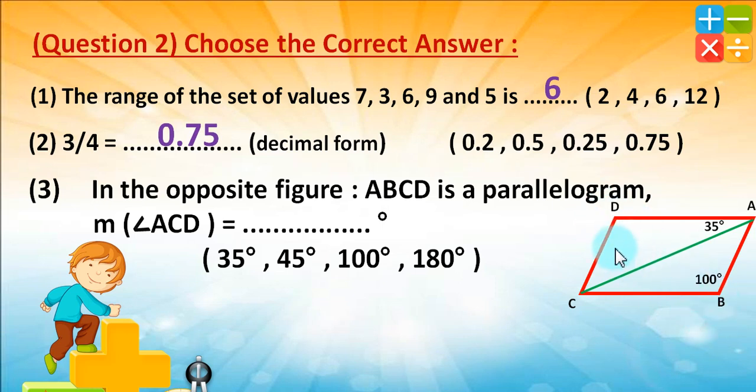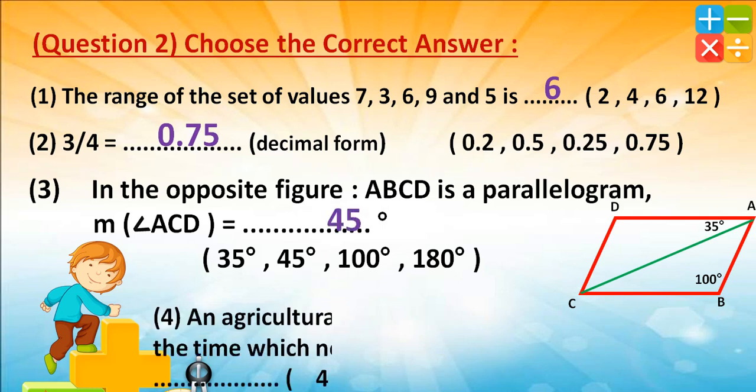Angle D equals also 100 degrees. And in that triangle ACD, we have 100 degrees and 35 degrees. So the measure of angle ACD, this angle, equals 180 minus the sum of 135. So the measure of angle ACD equals 45.